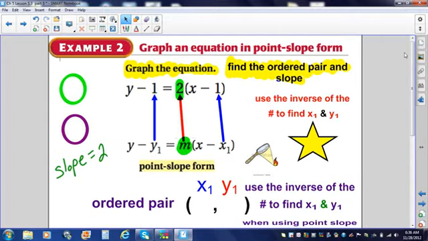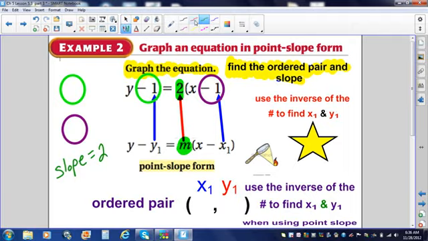This is the wrong way. What happens is the kids will say, oh, I found my ordered pair. My ordered pair is easy. It's going to be negative 1 and negative 1. So they say that y1 is negative 1.